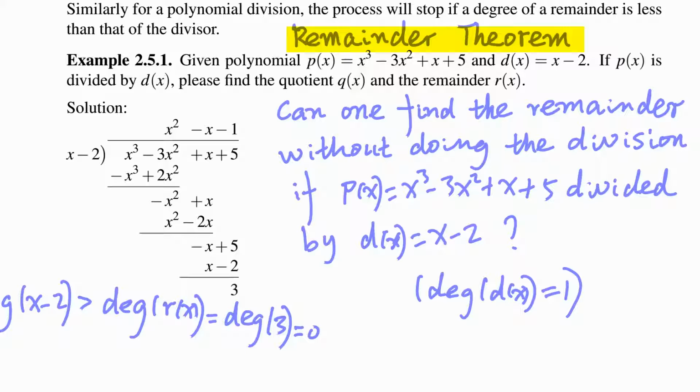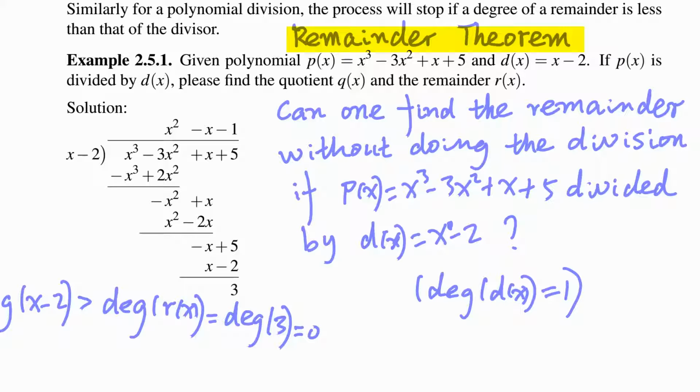Then it would be possible for us to find the remainder of any polynomial divided by a polynomial with degree 1. Degree 1 means the exponent of x is 1. Without doing the division, we may be able to find out the remainder. So that's why the remainder theorem sounds like a powerful theorem.